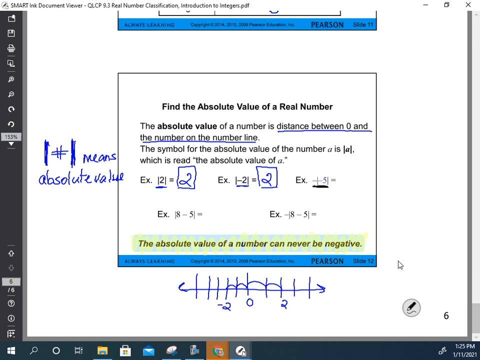Like example 3, that I just put in black. So this problem is the opposite of the absolute value of negative 5.